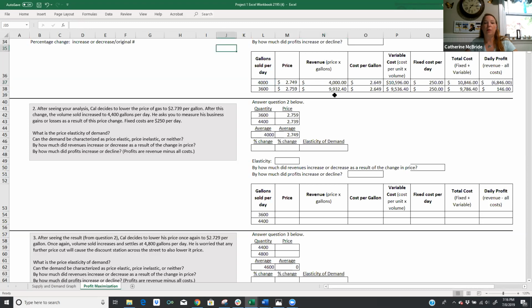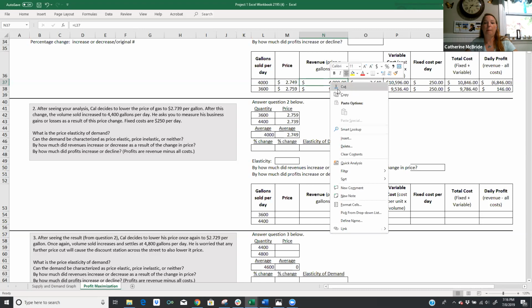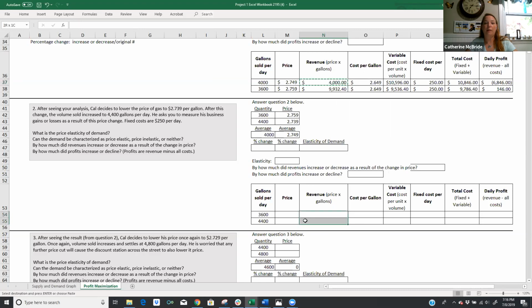You can take this formula and copy it right down to here. But you're going to have to put your price in. So we sold 3,600 at 2.759, and we sold 4,400 at 2.739. And then you can just fill in this table the same way.